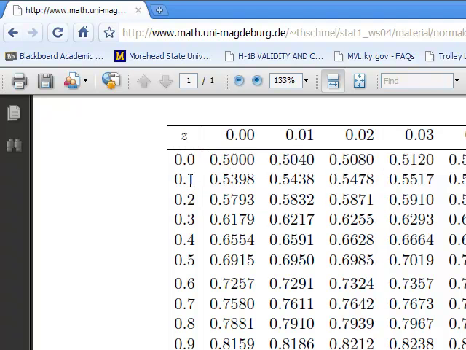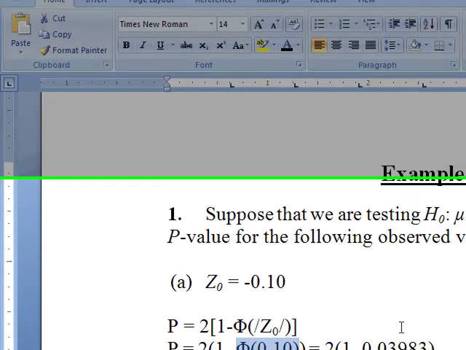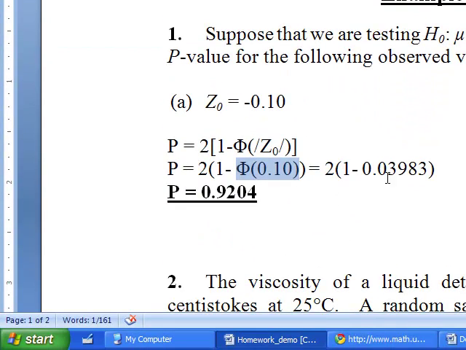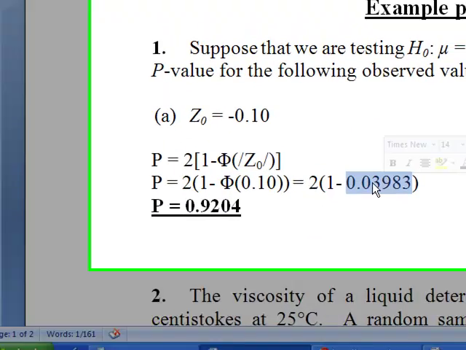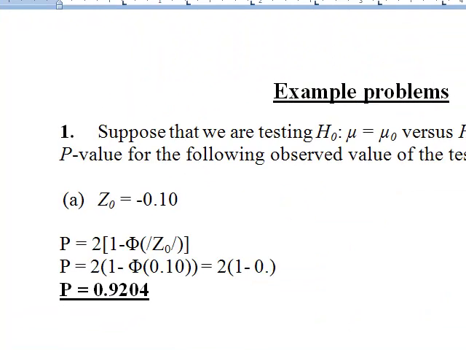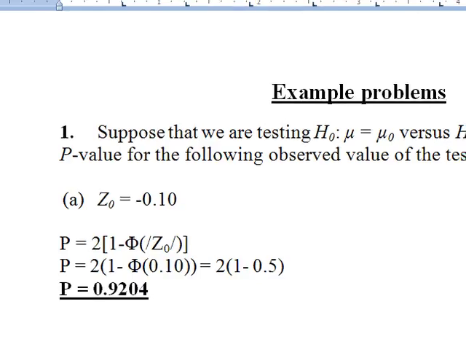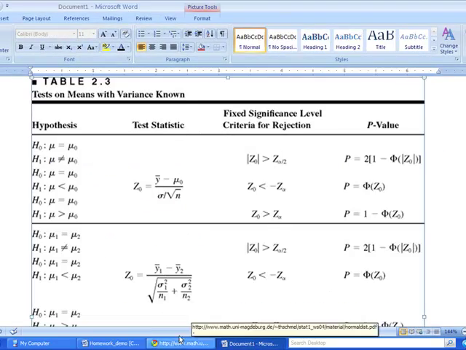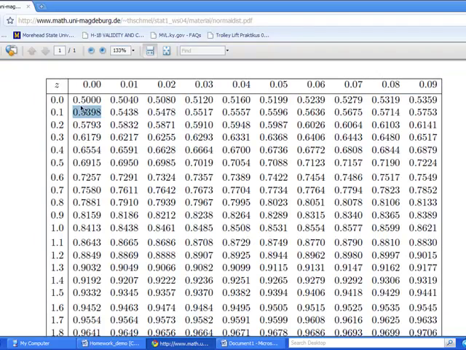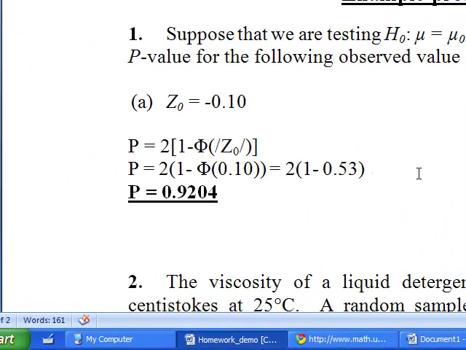But since it is 0.10, this is value of phi of z. So that value you can see here. What is that value here is 0.5398.